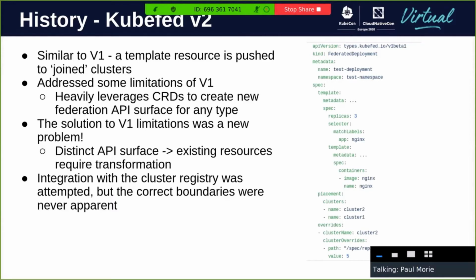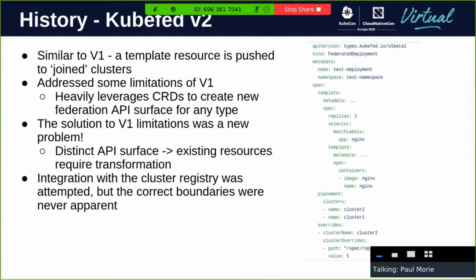So the way that Kubefed v2 wound up handling this is that there is an API for Kubefed itself that you use to create new API surfaces for resources that you want to spread around with Federation. And you can see on the right-hand side of the screen an example of a resource like that.